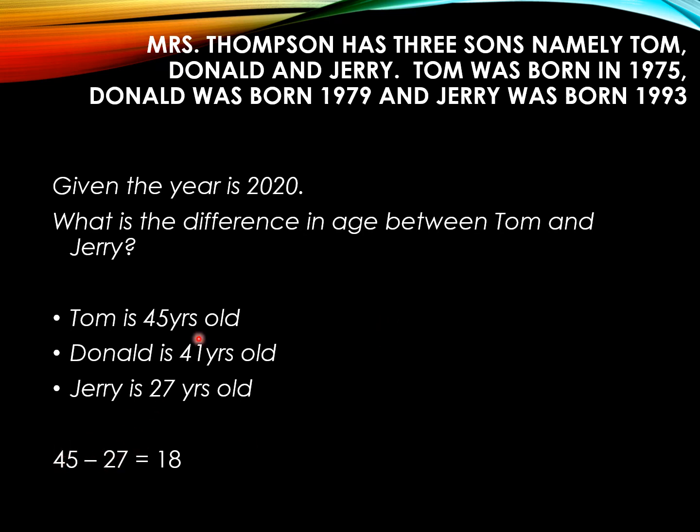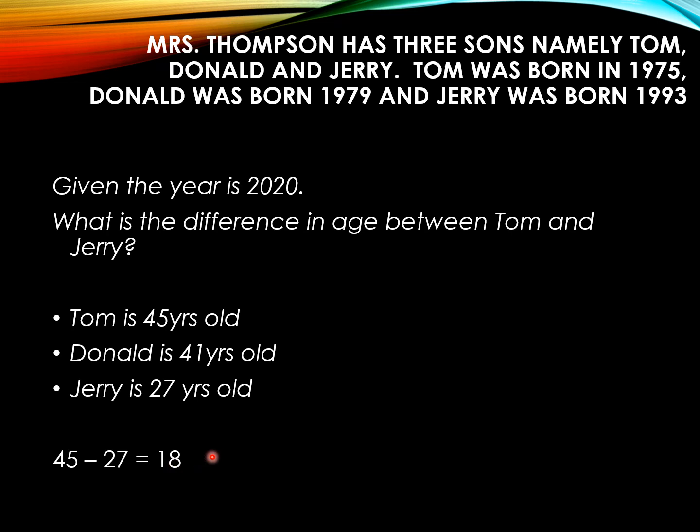So the difference is always when you subtract the lowest from the highest. We don't necessarily have to give you the number and tell you which direction. You always subtract the lowest from the highest when the question just asks for the difference, right? So the difference between Tom and Jerry: Tom is 45, Jerry is 27. So what we do is 45 minus 27, and we get 18.